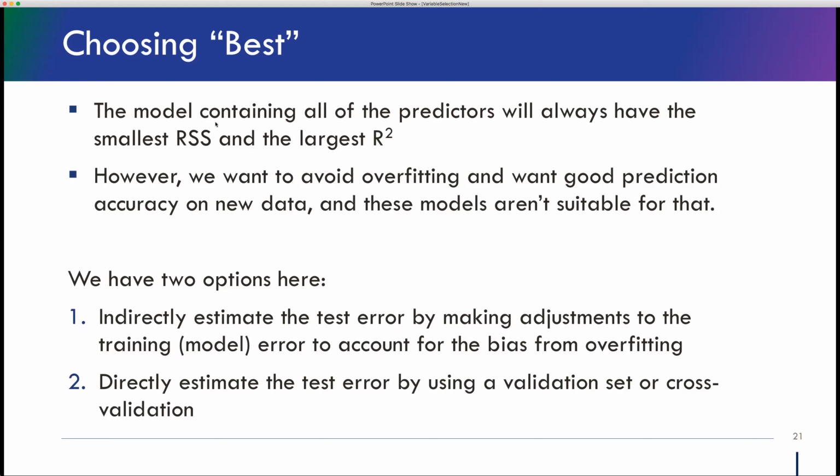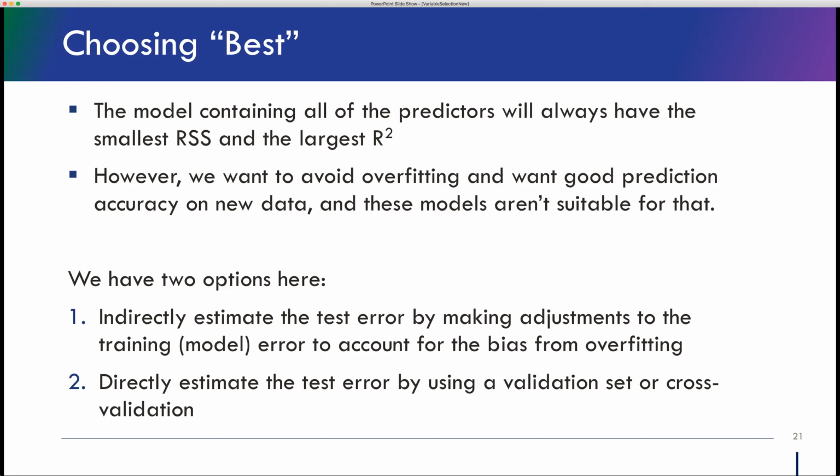The model containing all the predictors will always have the smallest RSS and the largest R square. And we actually want to avoid overfitting. Overfitting means you put too many predictors in the model. We want to avoid overfitting and want to get good prediction accuracy on new data.